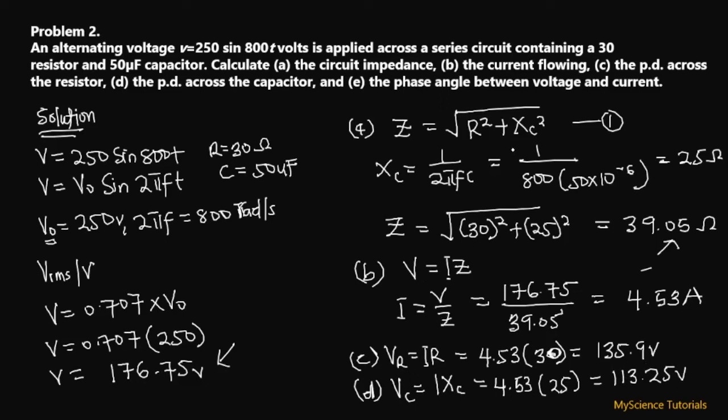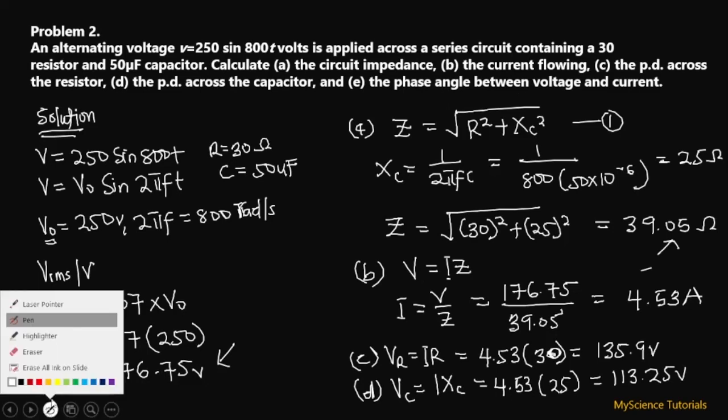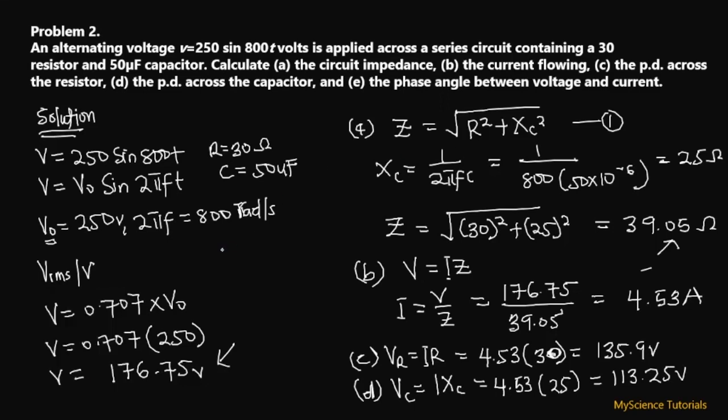Alright, so the last thing we want to look at, which is E, is to find the phase angle between the voltage and the current. To find the phase angle, it is given as tan of the phase angle is equal to XC over R, or VC over VR.